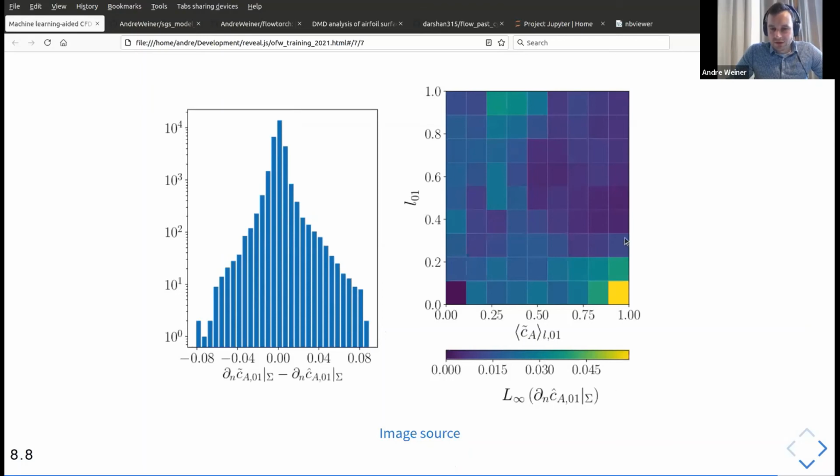If you now look at the two main features, in this case some kind of average concentration and a normalized distance from the surface, this heat map expresses the L infinity norm of our label.